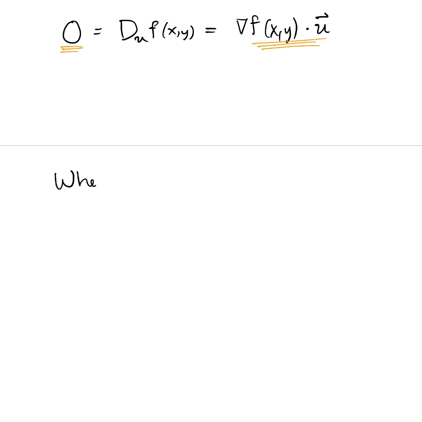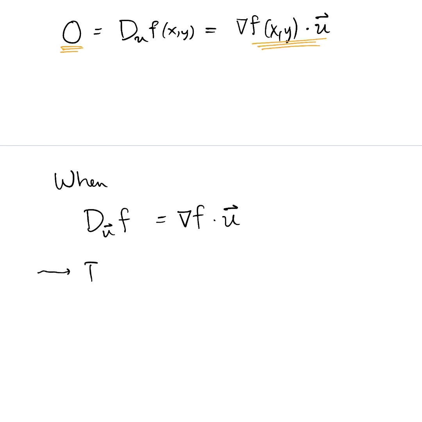When you have directional derivative equal to gradient dot direction u. So for example, if the function's differentiable, if you know that you have continuous partials in a neighborhood of that point, say, then this dot product equation is telling you all sorts of things, because check this out.